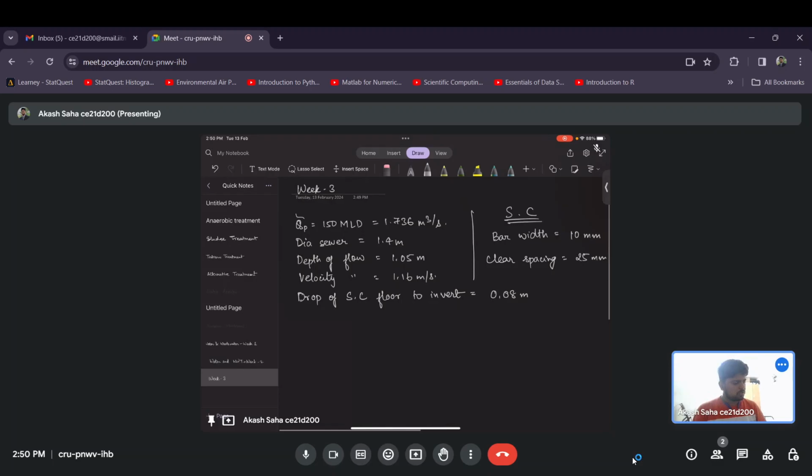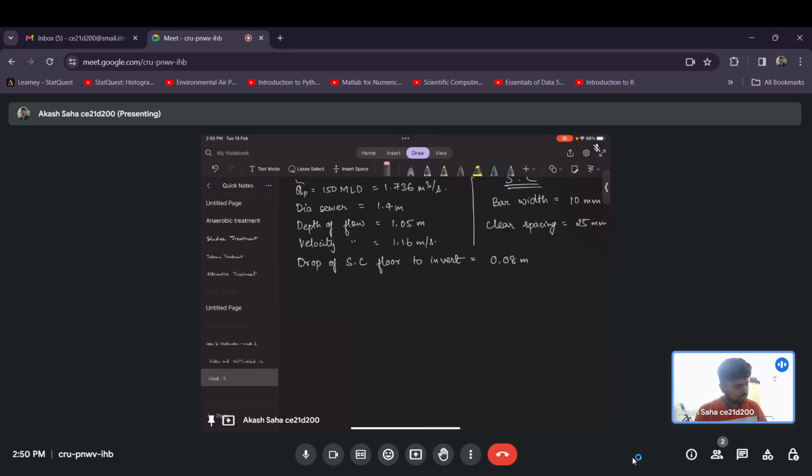Okay, so I'll just make a small diagram. Suppose this is the pipe. There is a sewer pipe that is coming into the system. So there will be a drop, and then this is my screen chamber.